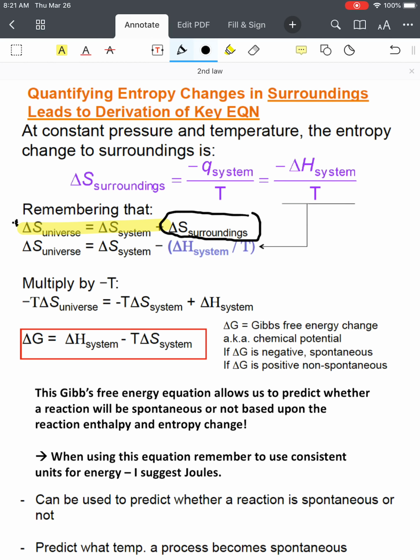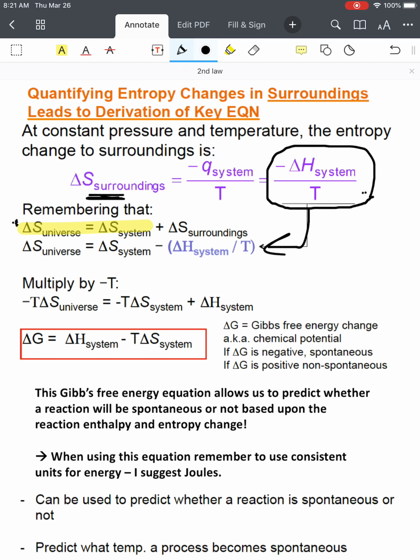Because it just so happens that my delta S surroundings can be said to be equal to negative delta H system divided by T. Negative delta H system divided by T. So since this is equal to my delta S surroundings, or my entropy change in my surroundings, I'm simply going to take that and plug it into this equation as this arrow shows.